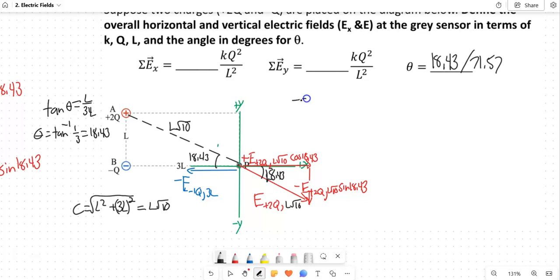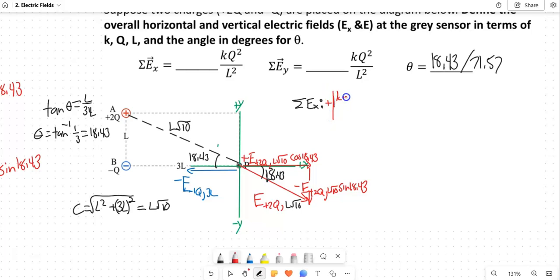Okay. Sum the electric field in the x direction. You always sum it. The direction will do the subtraction for you. Okay. So starting with the red guy, it's pointed to the right. So I'm just going to go right towards it.